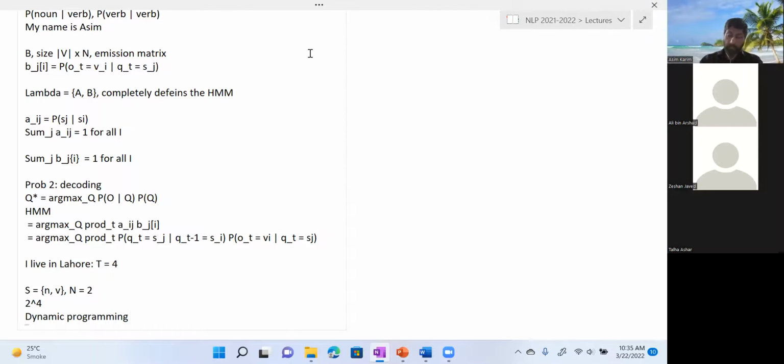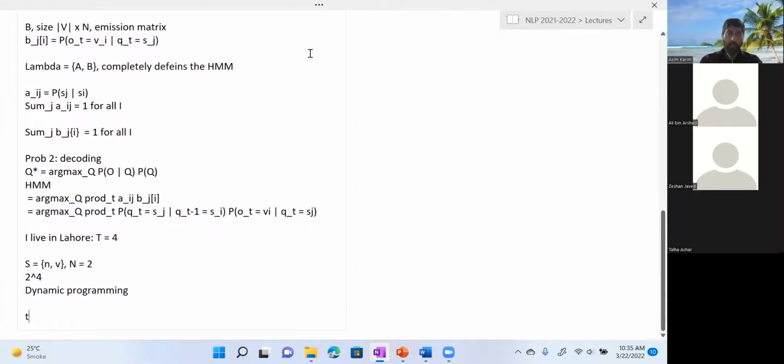So the whole idea here is that you start with t equal to 1, a sequence of length 1. Then when you're computing the solution for sequence of length 2, you reuse the solution for sequence of length 1. And when you are computing the solution for sequence of length 3, you reuse the solution for sequence of length 2.